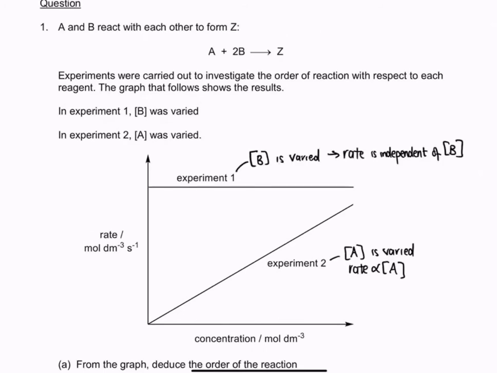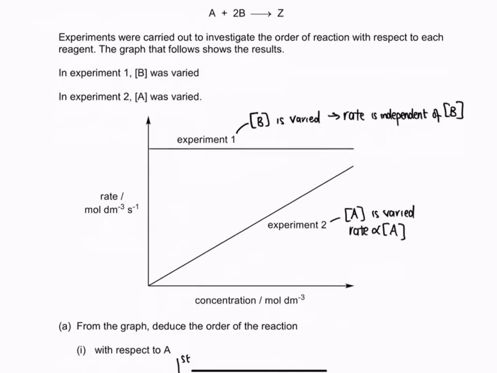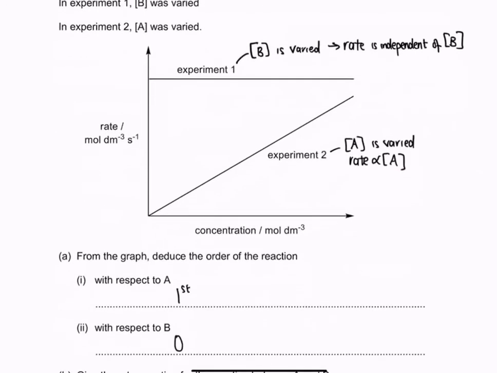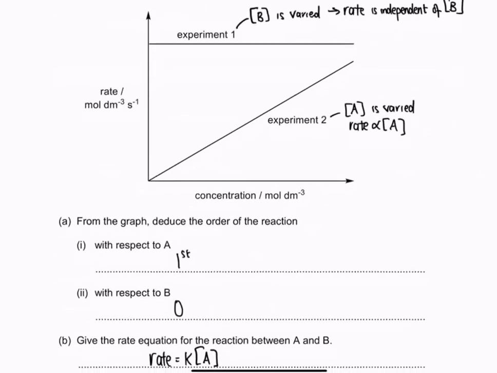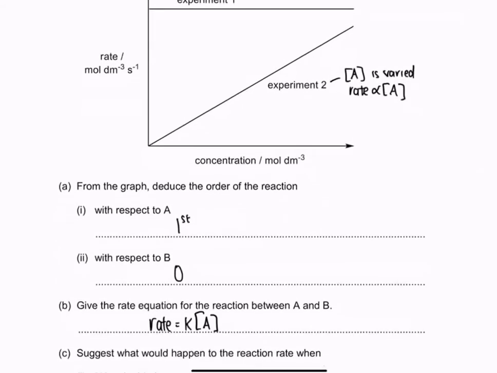So if we have a look at this, it tells us in experiment 1 that B is varied, and if we look at that line, since that line is horizontal, the rate is independent, it's not changing when we're changing B. So if rate is independent of the concentration of B, that tells us that B is zero order. And if we look at experiment 2 where A is varied, we can see that that is a directly proportional line, and so rate is proportional to A, which makes it first order.